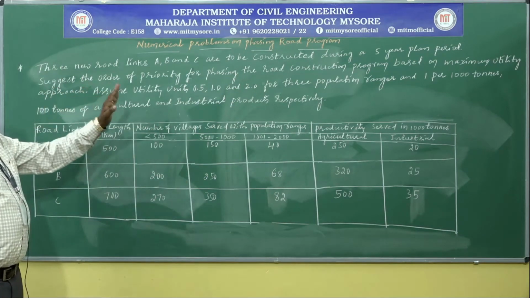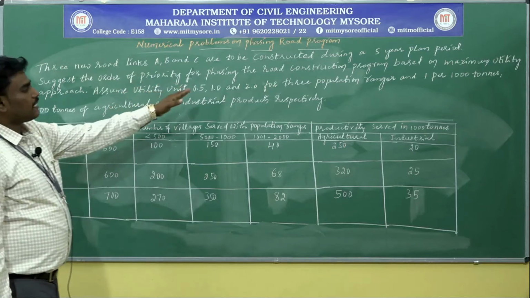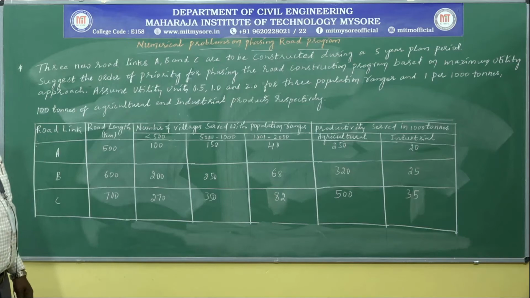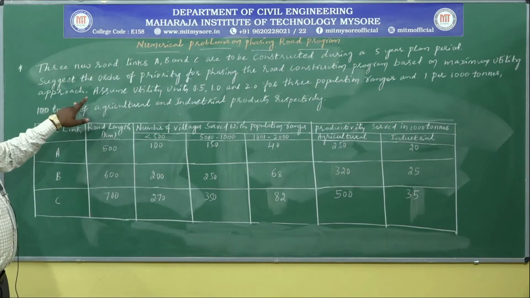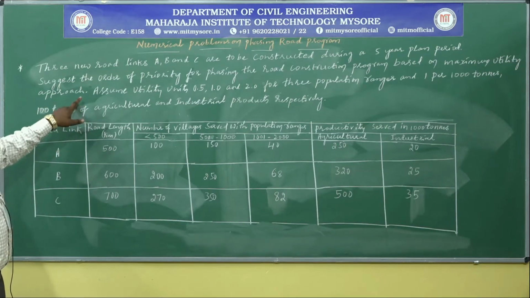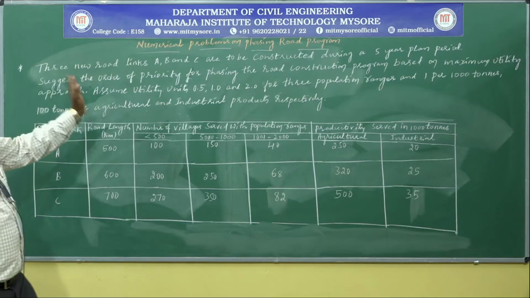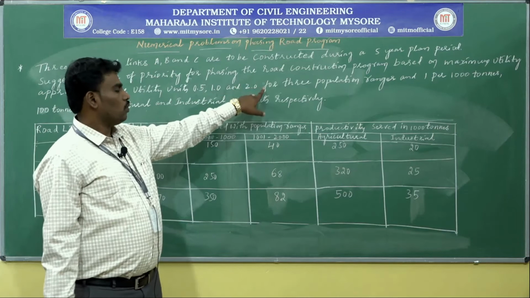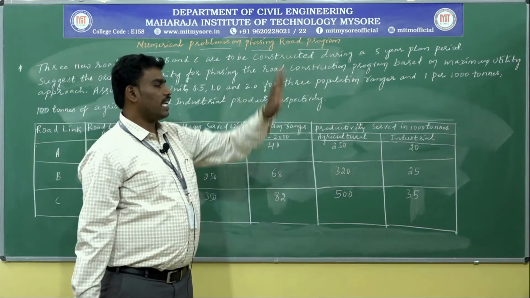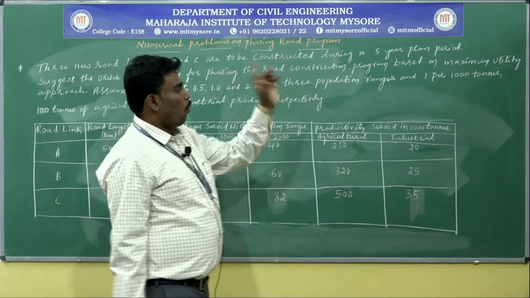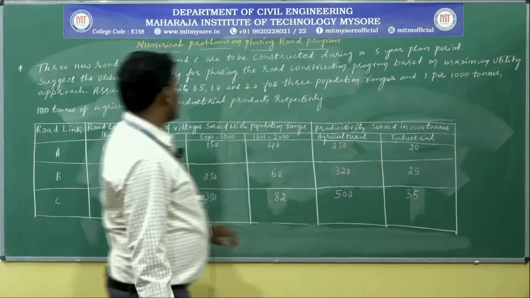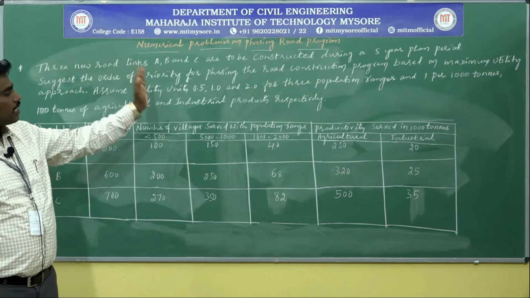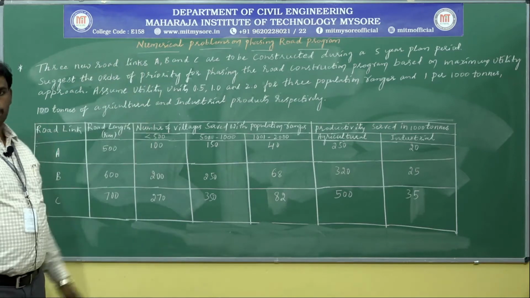Suggest the order of priority for pacing the road construction program based on maximum utility approach, or we can say saturation approach. Okay. Assume utility units 0.5, 1 and 2 for 3 population ranges and 1 per 1000 tons and 100 tons of agricultural and industrial products respectively.